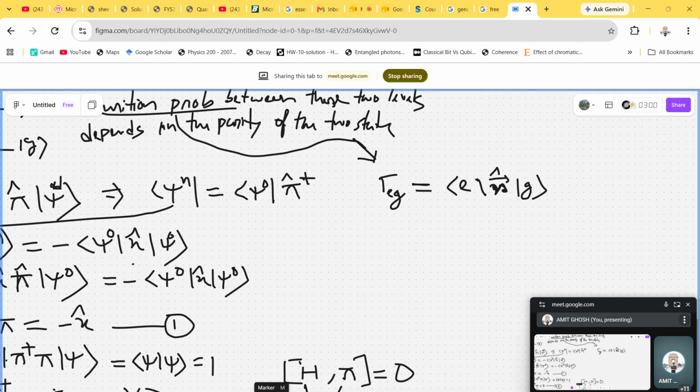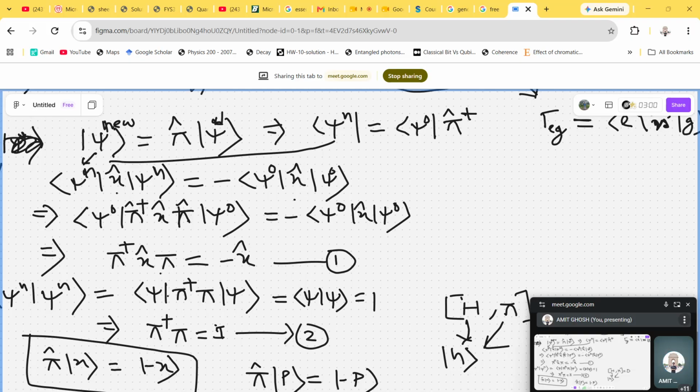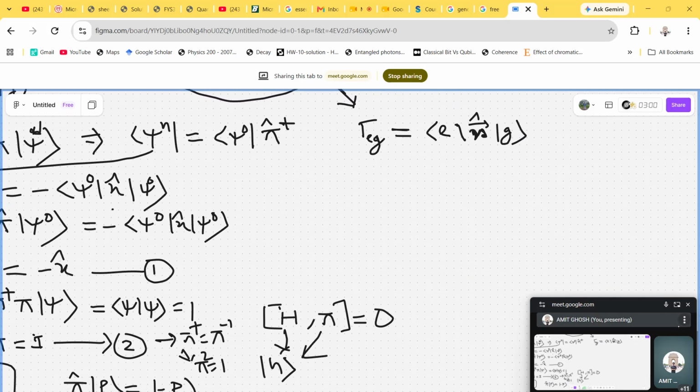So if you break this, now we have seen that Π†Π is equal to 1, and as Π is also unitary, we can say Π² equals 1, because Π is unitary, so Π† equals Π inverse. So that's why you can say Π² equals 1, the parity. So you can write it here ⟨E|.